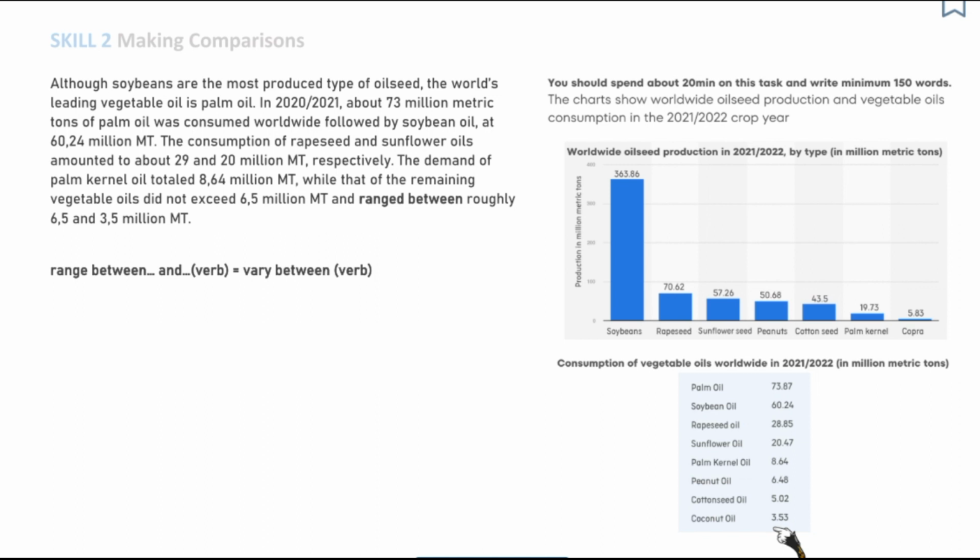As you can see, this is a very good way to group information. I'm not mentioning every single figure. I'm kind of grouping this information using these words: did not exceed and ranged between. Alternatively, you can use the verb vary. Vary between roughly 6.5 and 3.5 million. It's also a verb.